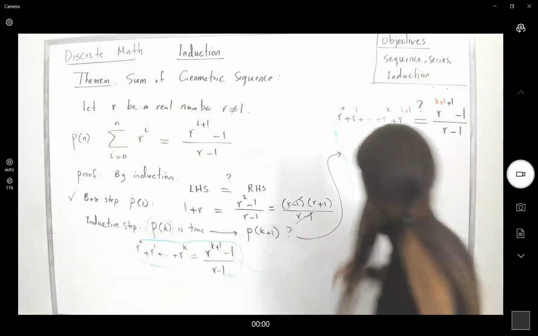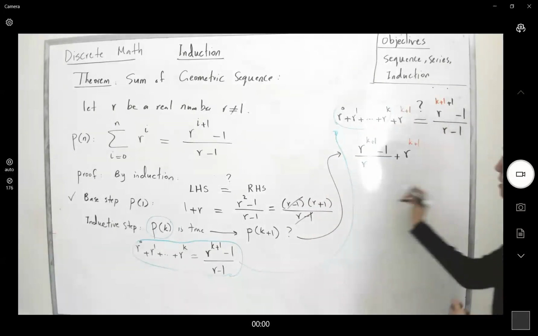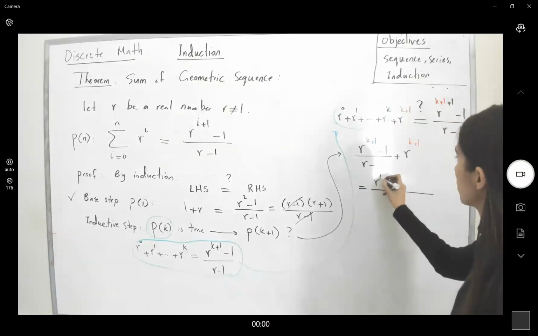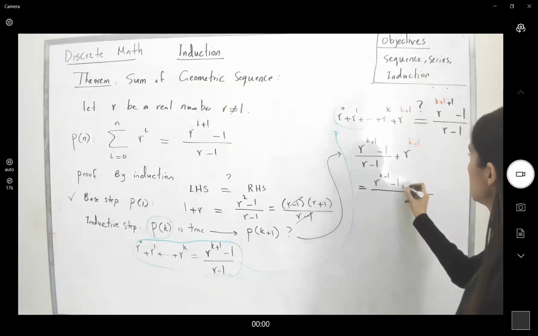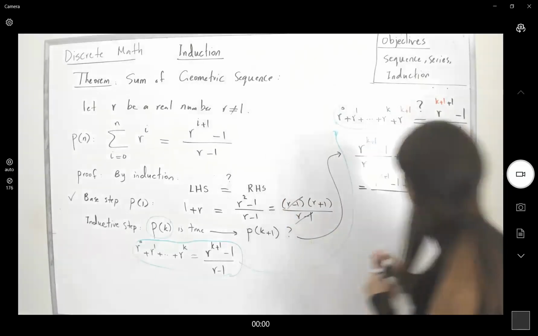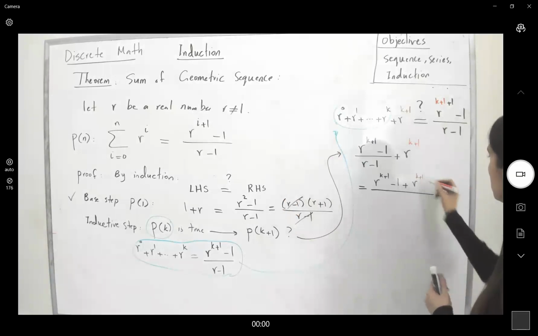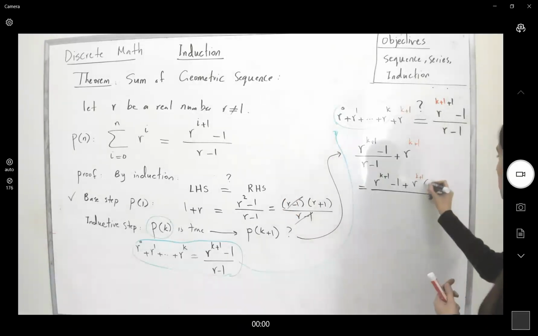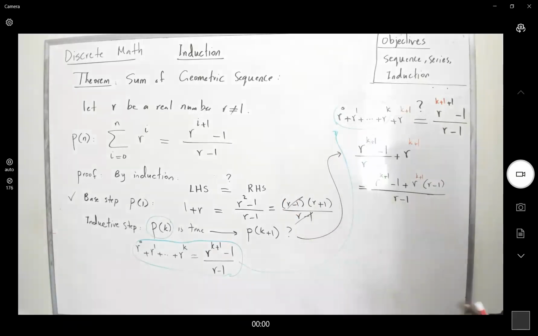Let's take a common denominator. This is equal to r to the power k plus 1 minus 1 plus r to the power k plus 1 times, inside parentheses, r minus 1. The whole thing is divided by r minus 1. I'm going to distribute this here.